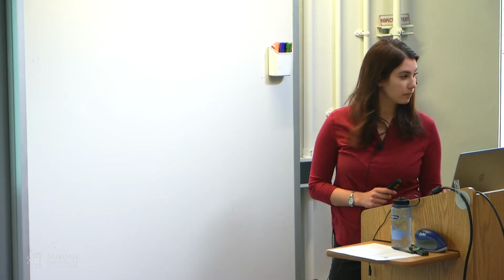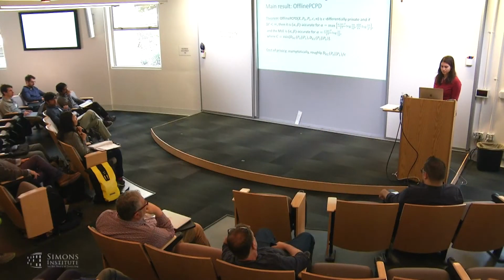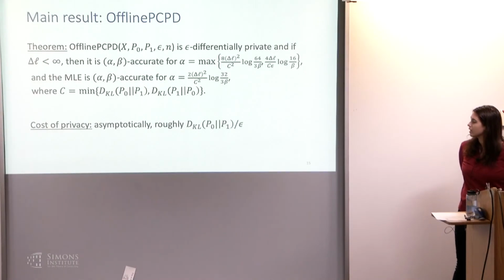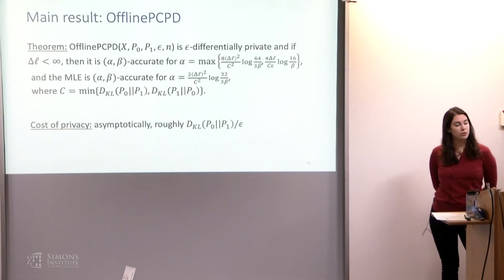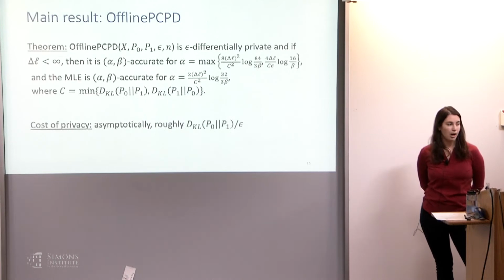So what about if there's no change point? Because this is usually the first question, right? Is there a change point? Is it above some threshold? And then if it is, where's the change point? Yeah. So here, in the offline case, we assume that there is a change point.